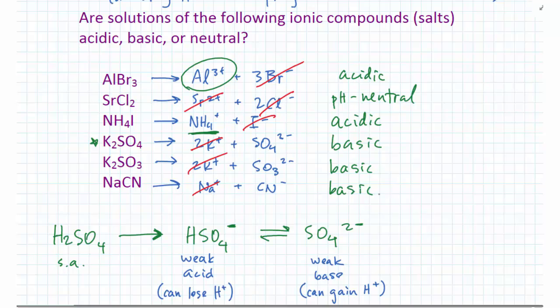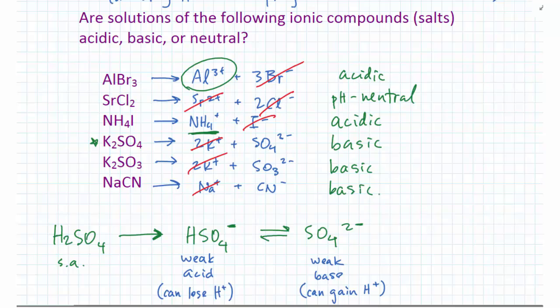What we're going to need to train ourselves to do from now on, with an ionic compound, is if one of the ions is pH neutral, which it usually will be, and you're doing any kind of calculation with it, we're going to ignore that for the sake of pH calculation and focus only on the ion that has an effect on the pH.